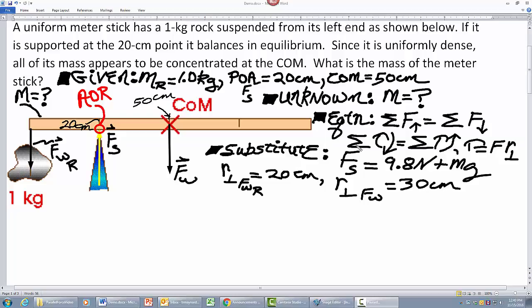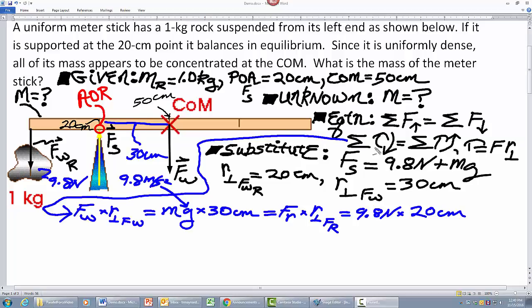We're now ready to substitute into this equation that the sum of the clockwise torques is the sum of the counterclockwise torques. For the sum of the clockwise torques, imagine a pin driven through the axis of rotation so that the meter stick can only rotate about that pin. We see that the weight force tends to rotate the meter stick in a clockwise direction about this pin.